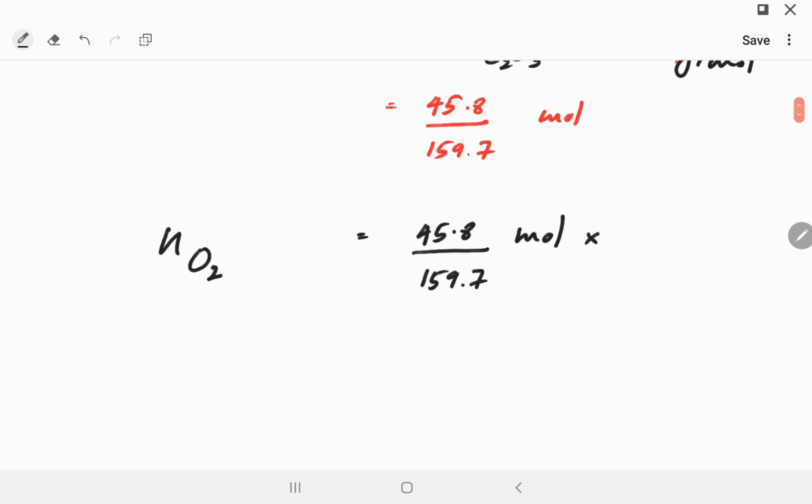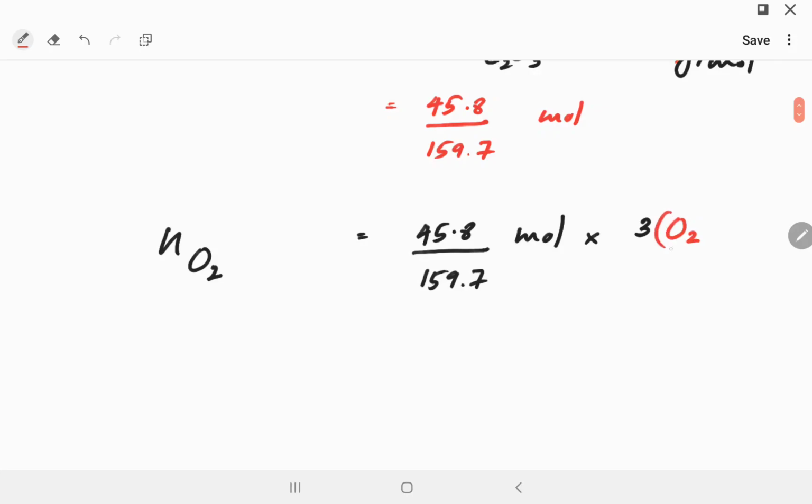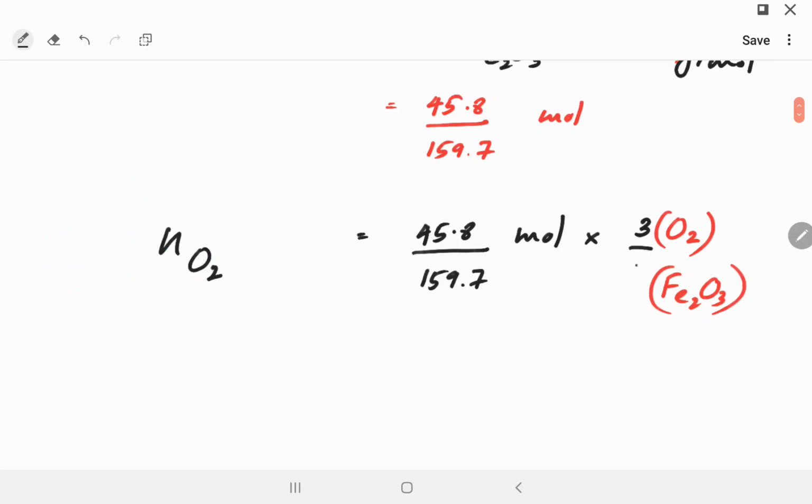We are calculating oxygen, so the coefficient for oxygen should be on top. So 3 is for oxygen, and of course at the bottom you have the coefficient of iron 3 oxide, which is actually 2. Are we good?